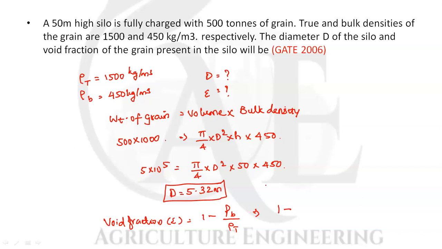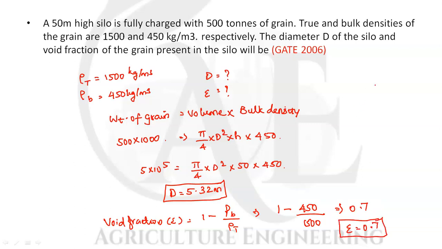So 1 minus bulk density, they had given 450, and true density also they had given in the question, 1500. So when you solve 1500 minus 450 divided by 1500, you can get the answer as 0.7. So void fraction will be 0.7.